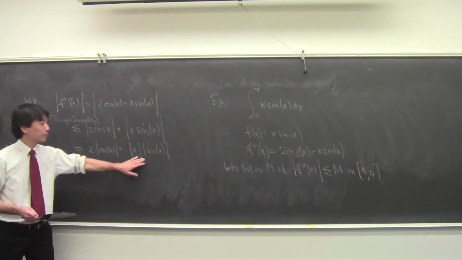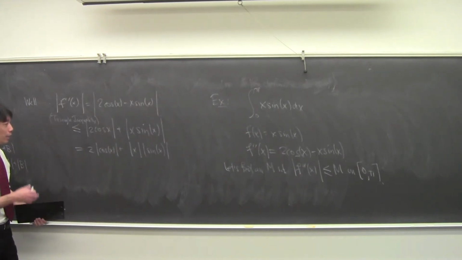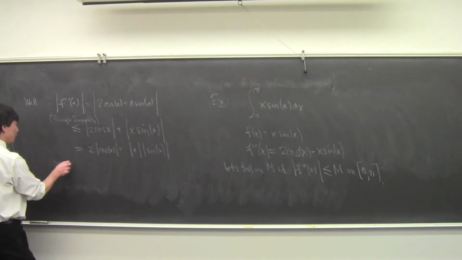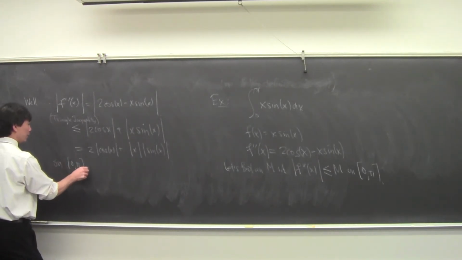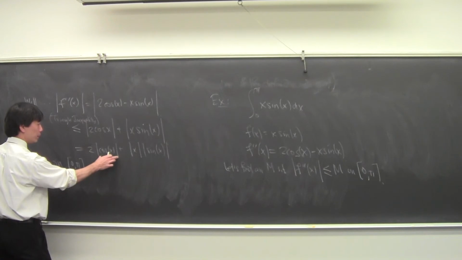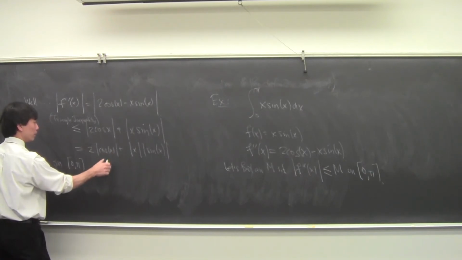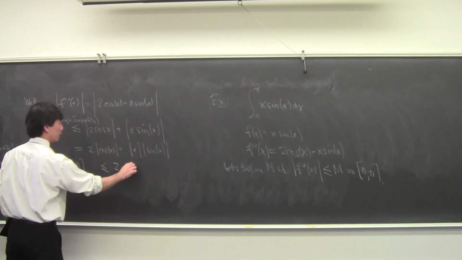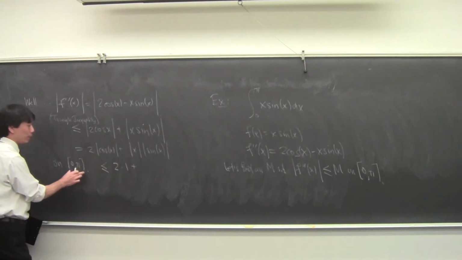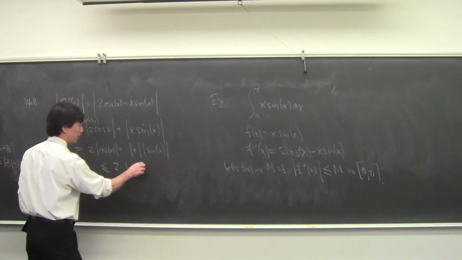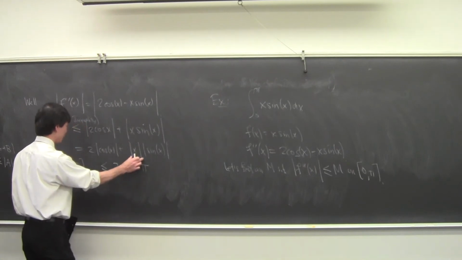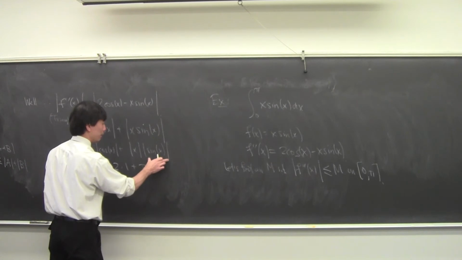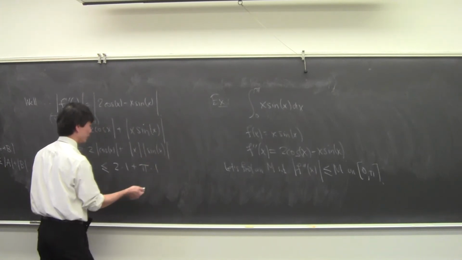Now, on 0 pi, I know that the absolute value of cosine is always less than or equal to 1, so this is less than or equal to 2 times 1. The biggest that x could be is pi, so the absolute value of x is less than or equal to pi, and the absolute value of sine x is less than or equal to 1.